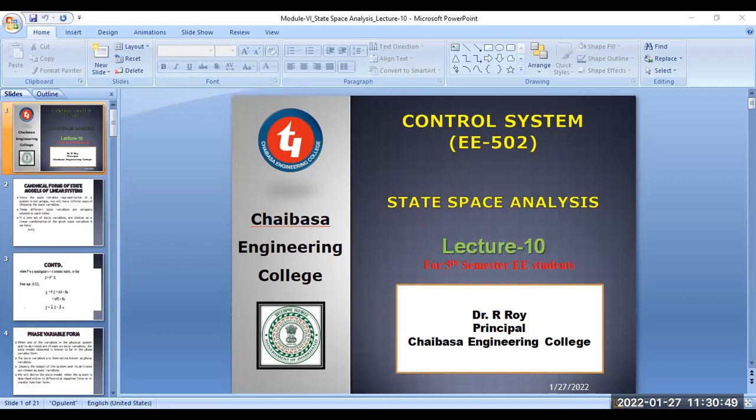Now, since the state variable representation of a system is not unique, we'll have infinite ways of choosing the state variable. This statement is very, very important. There are numerous ways by which we can represent the state variable. There is no hard and fast rule. I have shown you some techniques through which you can choose the state variable, but there are many ways to choose such state variables.